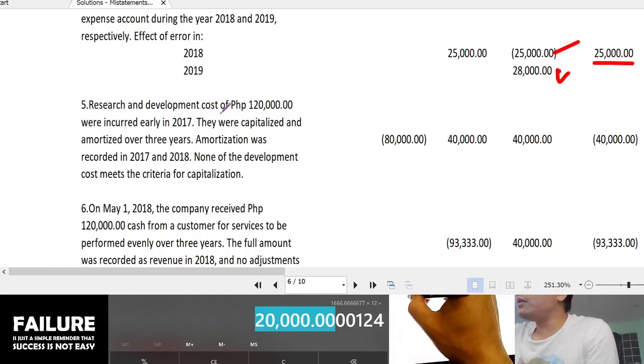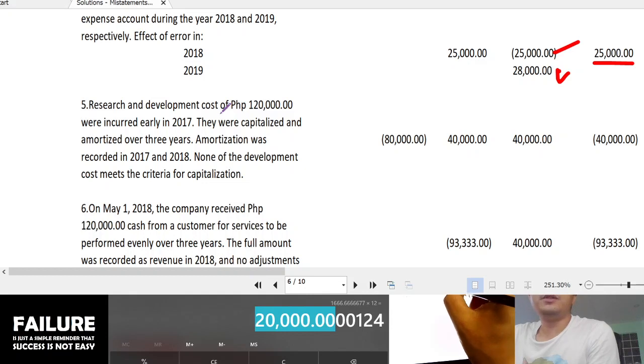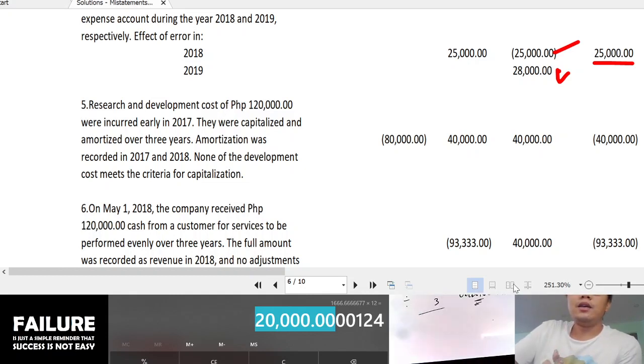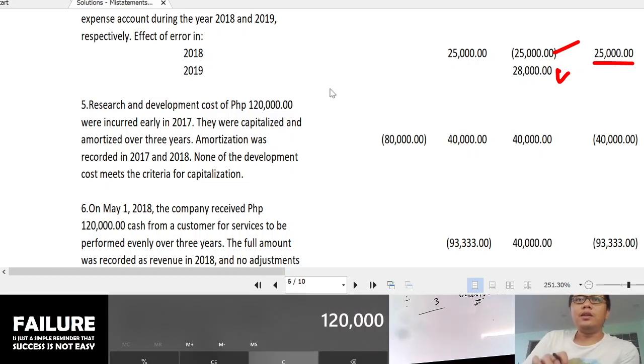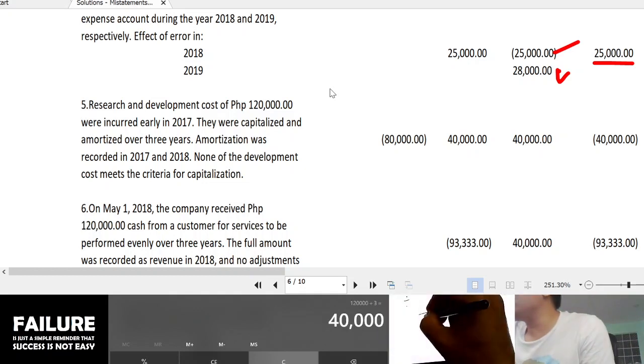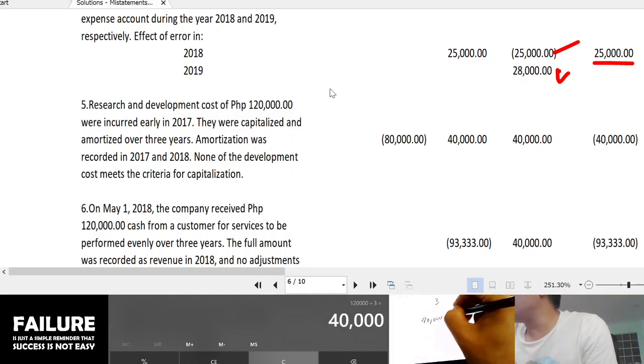However, because it was amortized, if we amortize that in 3 years, so let's have a full year amortization because early in 2017 man. So that is basically 120,000 divided by 3. That is 40,000.